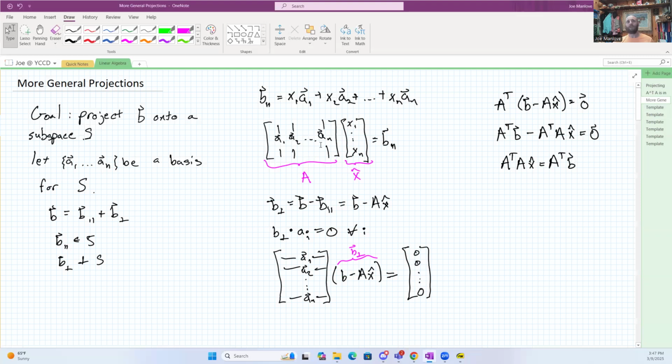The columns of A are a basis for the subspace S. Because that's a basis, that means that the columns of A are linearly independent. Because they're linearly independent, I know that A transpose A is invertible.